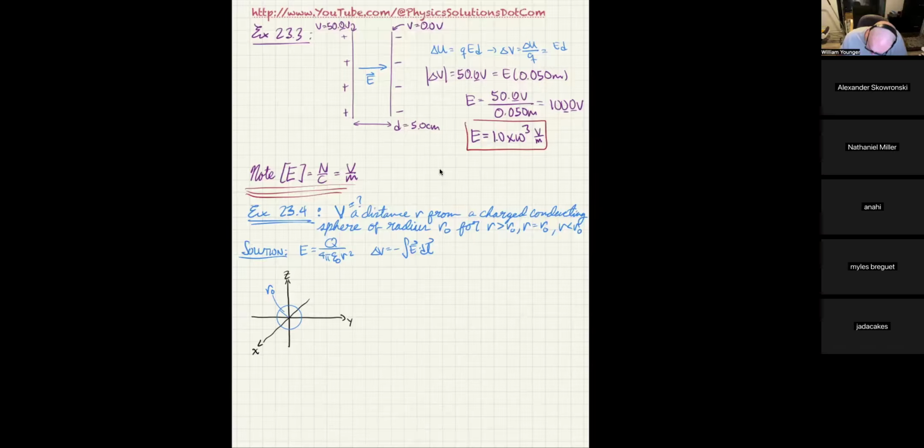And what we're going to imagine is going from out at infinity and bringing ourselves into some distance r.